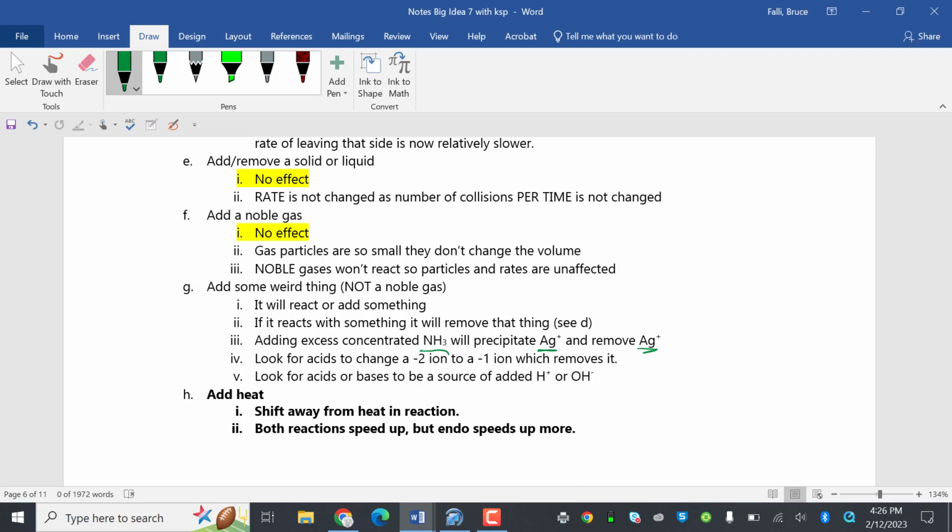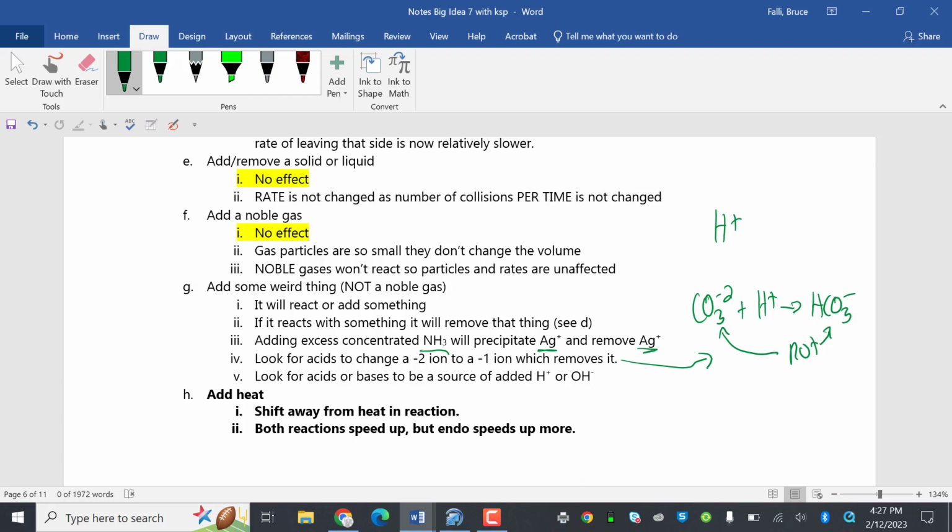So if I have carbonate and I add H positive, carbonate will react with H positive and turn into HCO3 negative. Well, HCO3 negative is not the same thing. That would be an example of that.